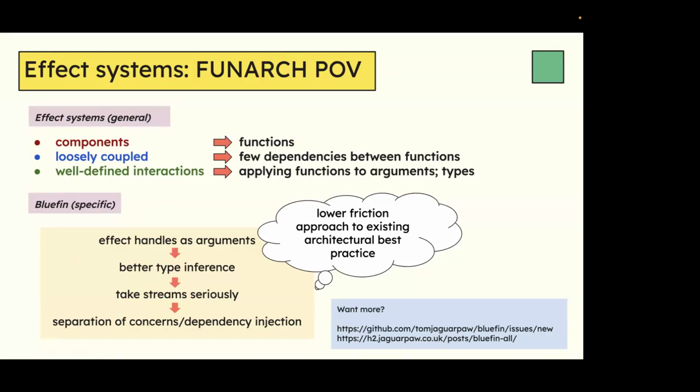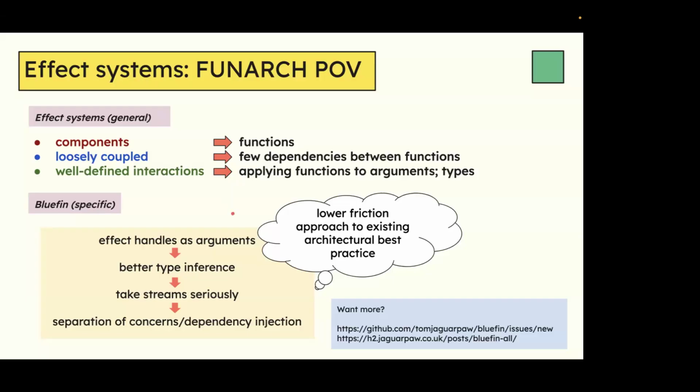And Bluefin just extends this to the effect systems world. So Bluefin effectful operations are functions, as we expect from any sort of monadic Haskell setup, but not just the data values in your program are arguments, also the effect handles are arguments.